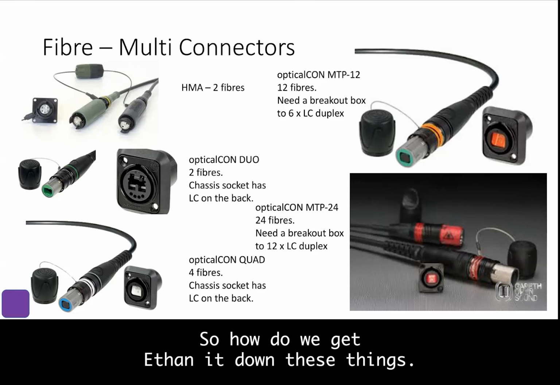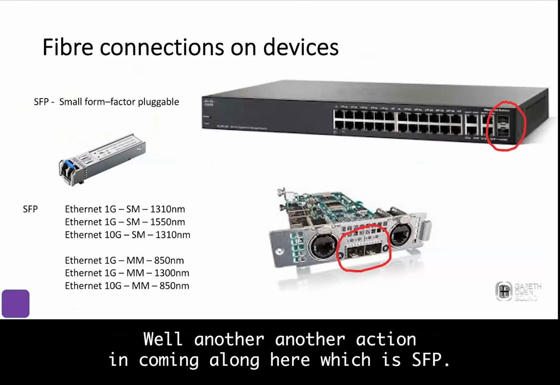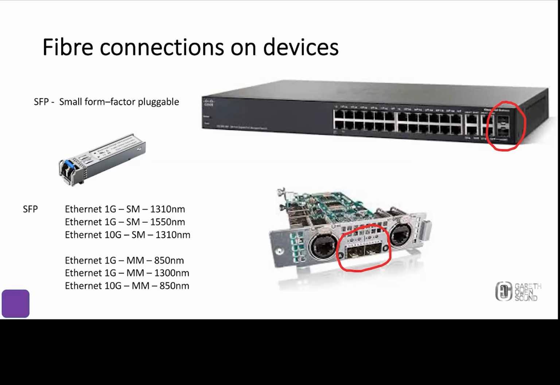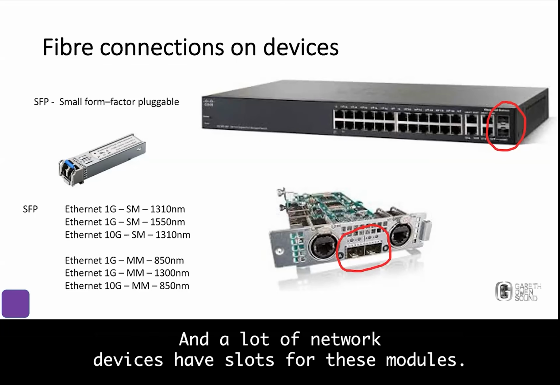So how do we get Ethernet down these things? Well, another acronym coming along here, which is SFP. These are little standard modules that convert electronic signals into light, send and receive. And a lot of network devices have slots for these modules.